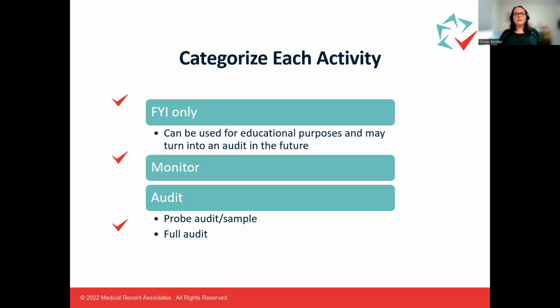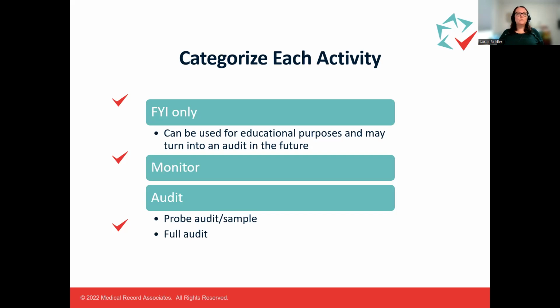You might find something that you want to add to your monitoring, something where you aren't going to spend the resources to do a full formal audit, but it's something you want to delegate to a service line leader to do some ongoing monitoring of those services. You might want to identify something for an audit. Maybe you want to do a quick probe audit.